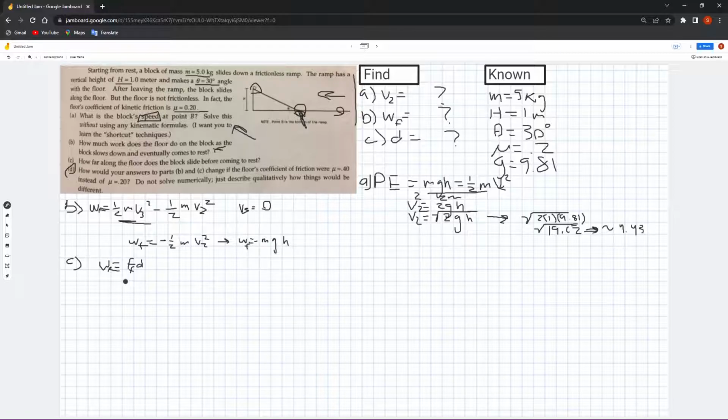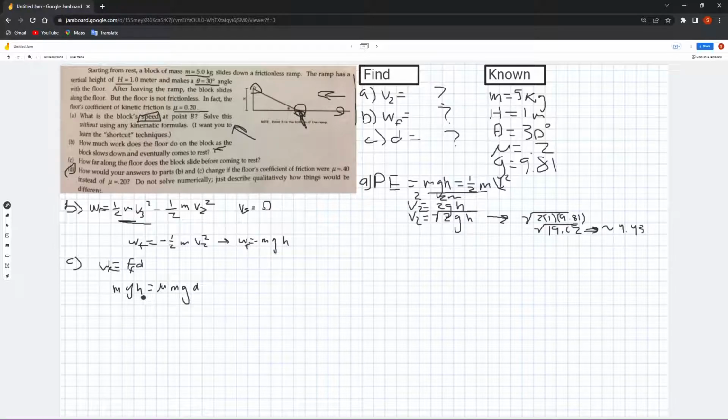Work we've just determined was mgh, and then we can expand force of friction, which we can just say is mu mg, and then distance.